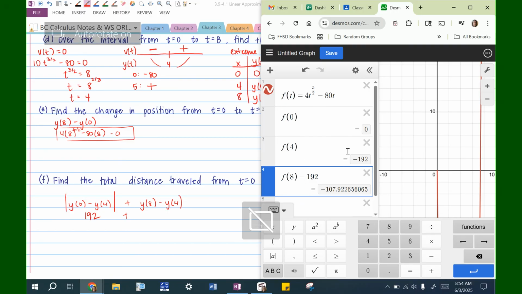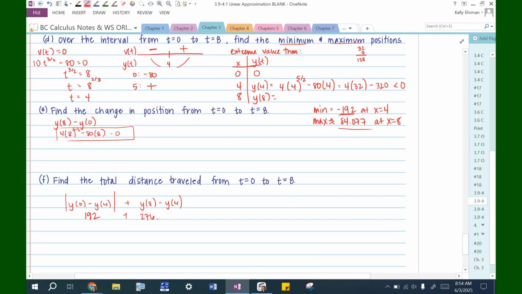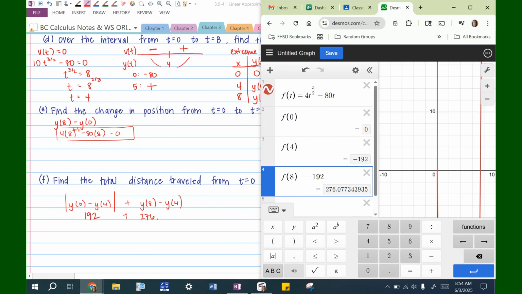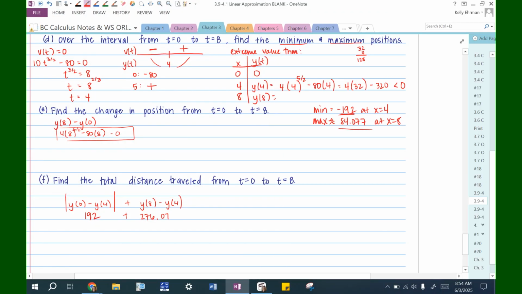Minus negative 192. There we go. I knew it couldn't be negative. So that's a distance of 276.077 because that was f of 8 minus f of 4. F of 4 is negative. So plus 276 point, too many windows open, 0.077.